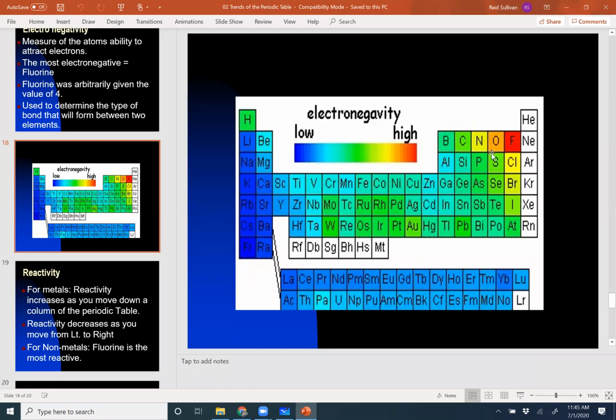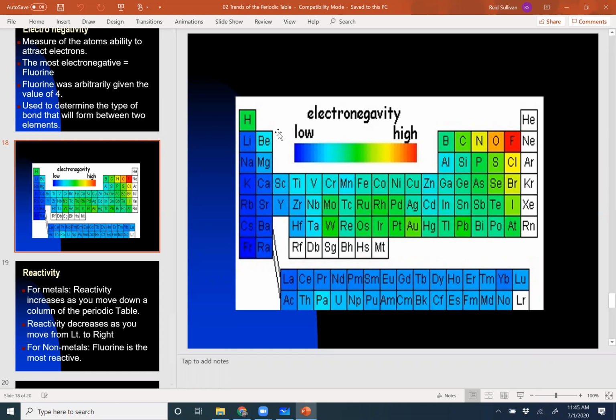Oxygen is a 3.5 and hydrogen is a 2.1, a difference of 1.4. That's highly polar, but not enough to make them ionic.